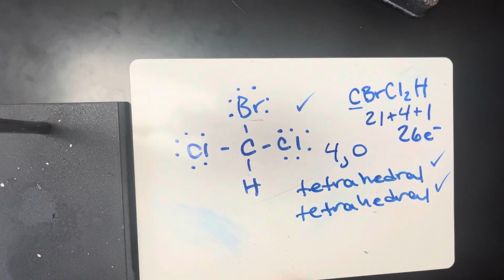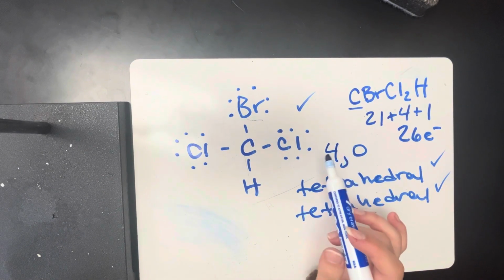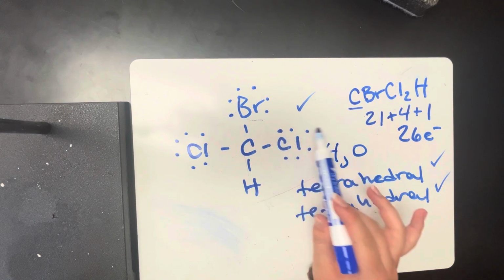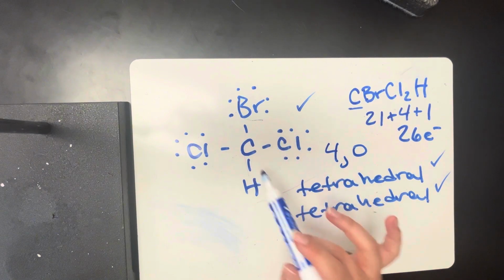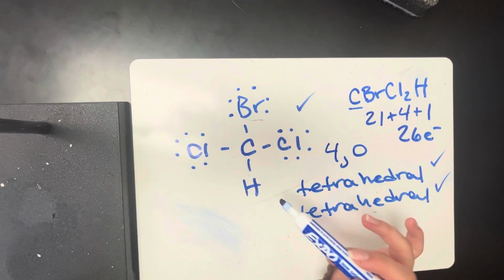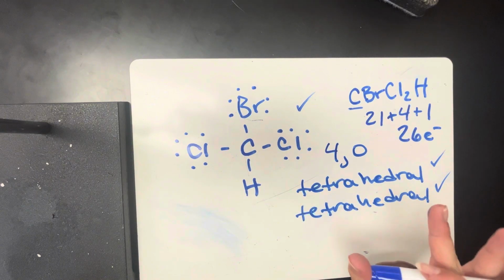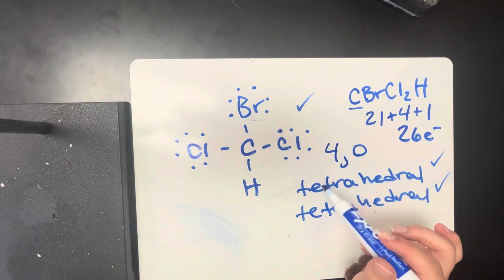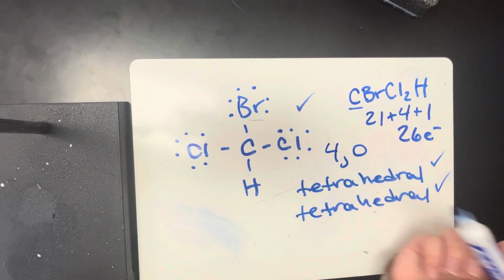Now we have to figure out if it's polar or nonpolar, and we can do this by finding the symmetry. So as you can see, the hydrogen does not have the electrons like Cl and Br because it only needs 2 to fill the hydrogen shell. So this would be asymmetrical, meaning that this would not look the same.